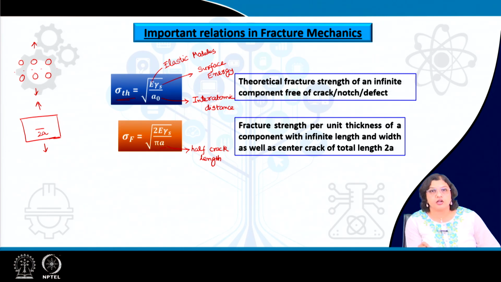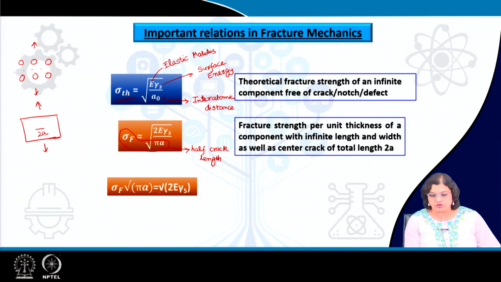Okay, now, if we look into this Griffith criterion more carefully, we will see that if we put the relation such that sigma f root over pi a is equivalent to root 2 E gamma S, we are simply rearranging the equation. Now, for any material, elastic modulus as well as the surface energy are actually inherent material properties.